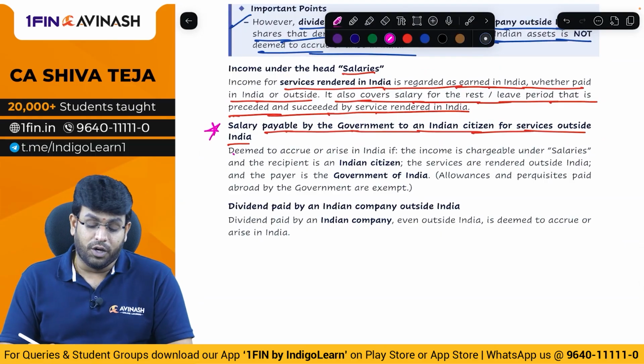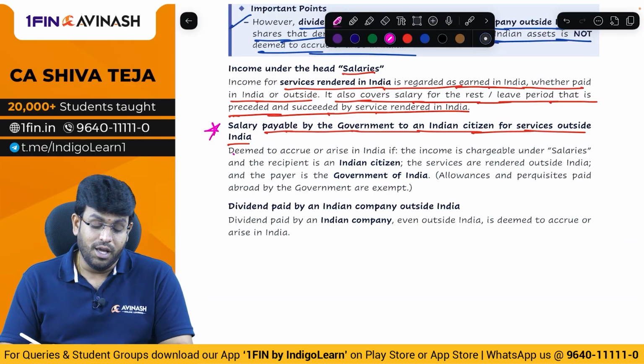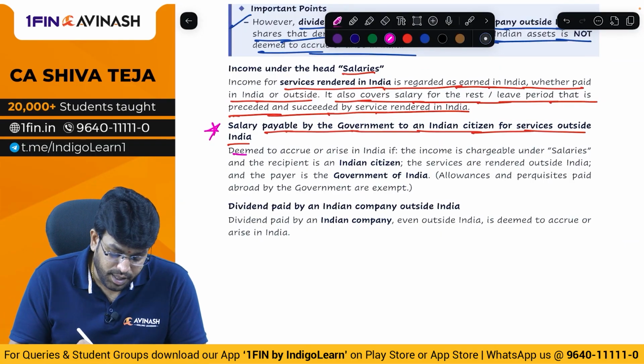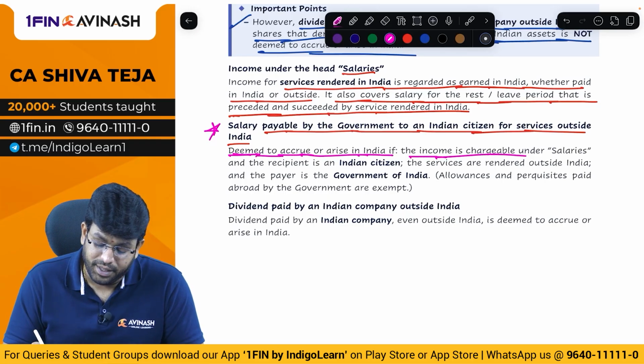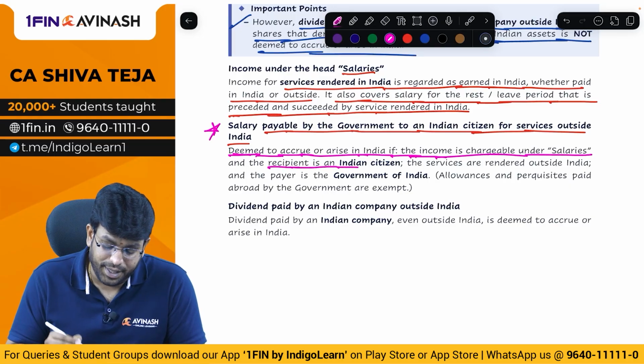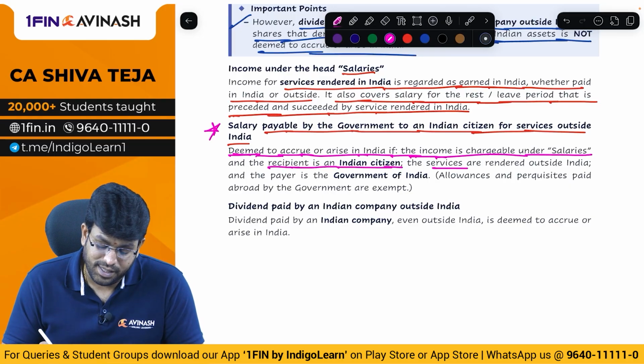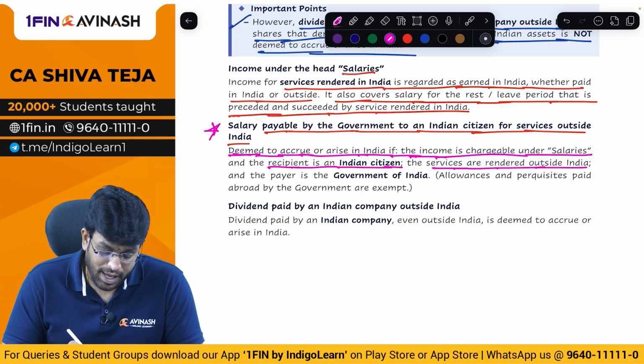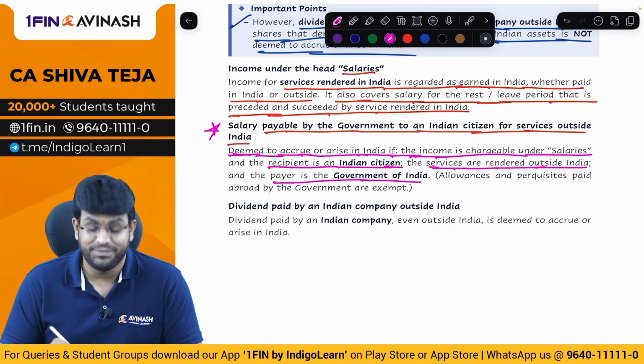Salary payable by government to an Indian citizen for service outside India is deemed to accrue or arise in India if the income is chargeable under what, my dear friends? Salaries. And the recipient is an Indian citizen, the services are rendered outside India, and the payer is government of India.